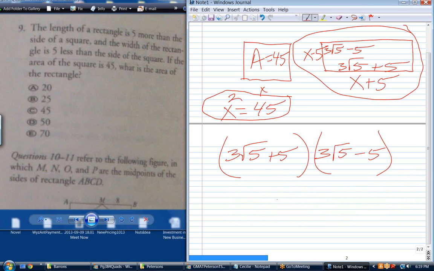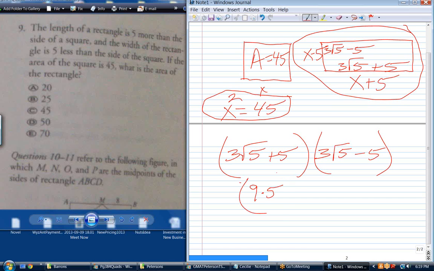Well, that would be, but when you say 3 square root 5 times 3 square root 5, multiply the 3 by the 3 and the square root of 5 by the square root of 5. Then 3 times 3 is 9, and square root 5 times square root 5 is square root 25, which is 5.